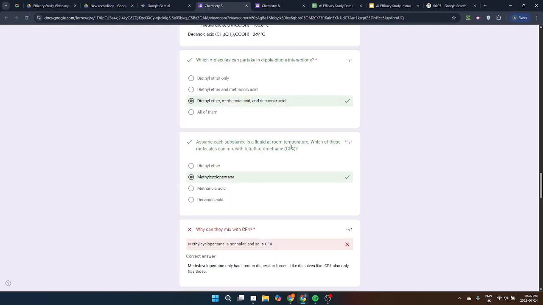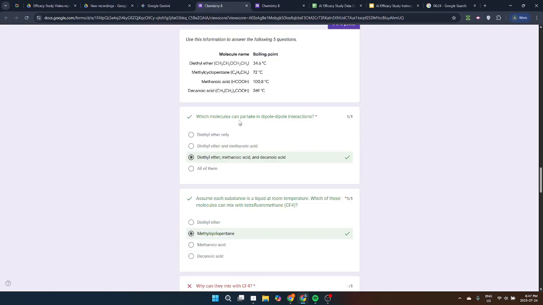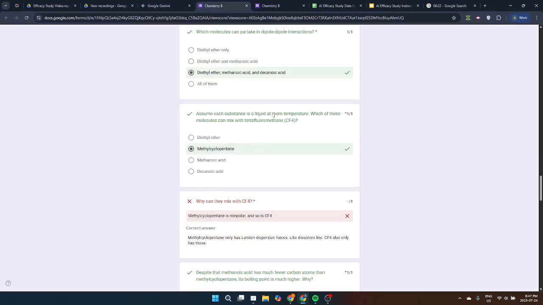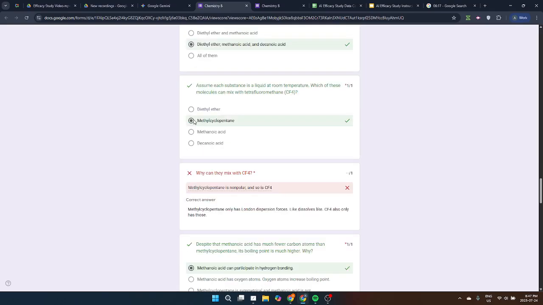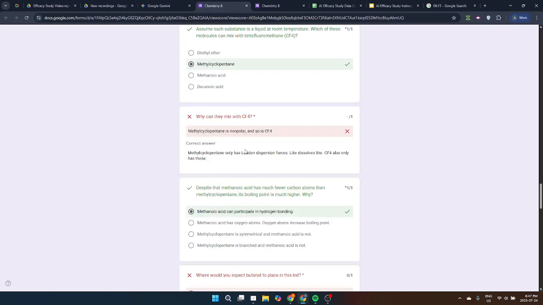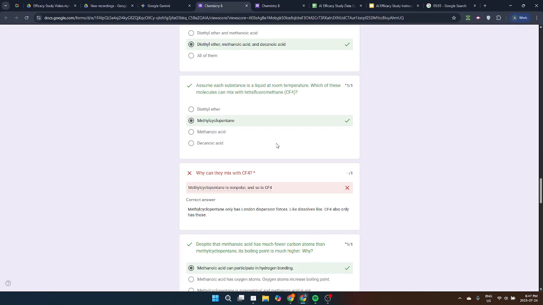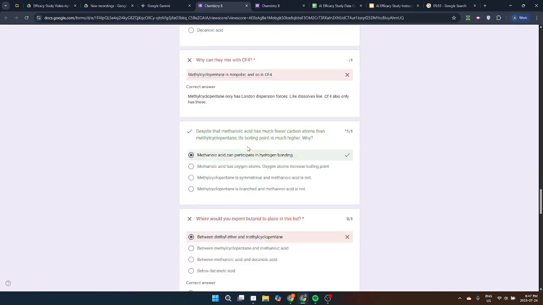It doesn't have any polar groups here. It would mix with tetrafluoromethane, because they're like each other, since both of them are nonpolar. So my justification for the next written question was that methyl cyclopentane is nonpolar and so is CF4. I should have written on top of this 'like dissolves like' as written in the answer here, but I was thinking that when I was writing the question, so that's how I did this one.